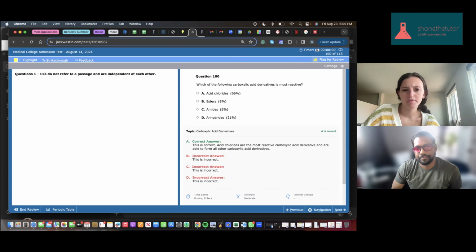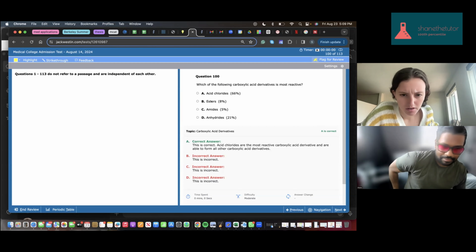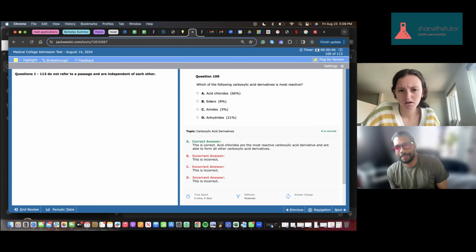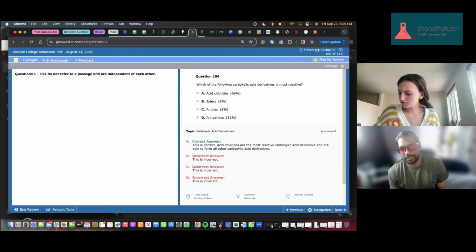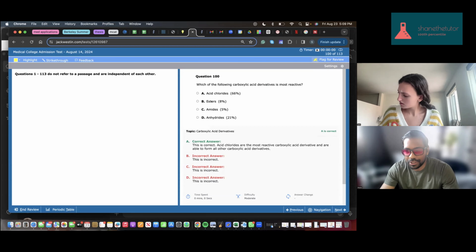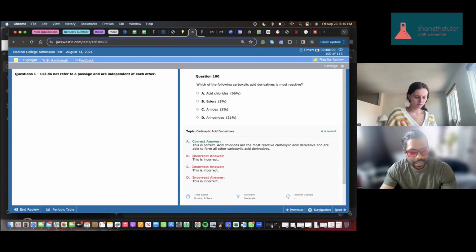Then esters, then... I'm just confused where anhydrides fall in this. Oh yeah, they're going to be in between in terms of stability. Anhydrides would be between esters and acid chlorides.